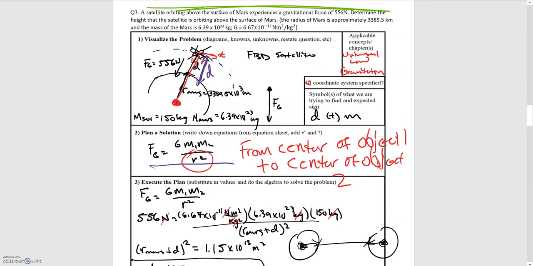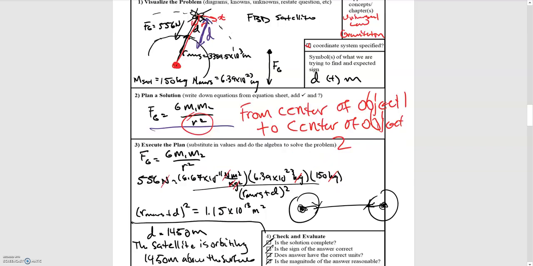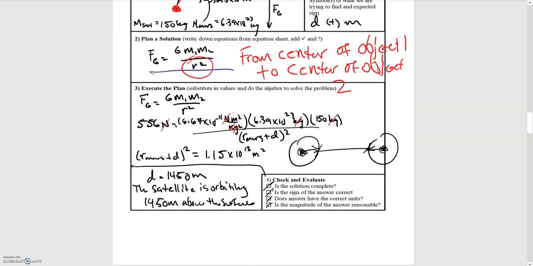So for this problem that we were given, I'm going to draw it here. This is Mars. Here's the satellite. You don't want to take this distance, let's call it D, as your R radius in your gravitational equation. So you don't want to substitute D in here.